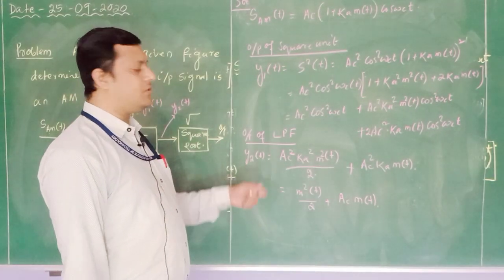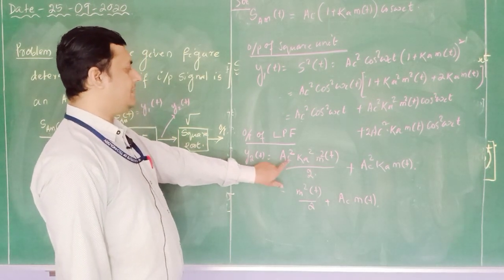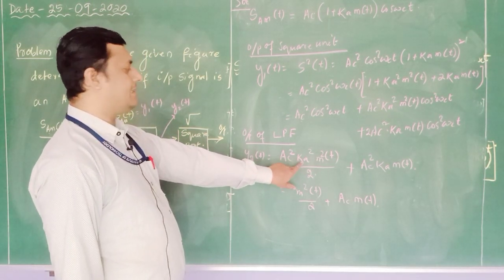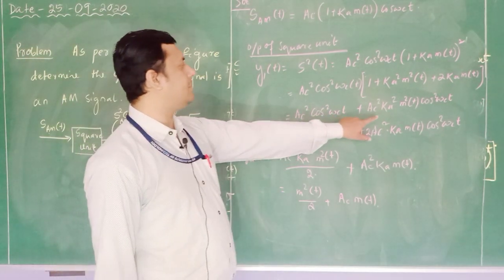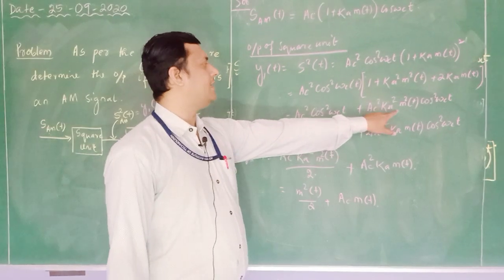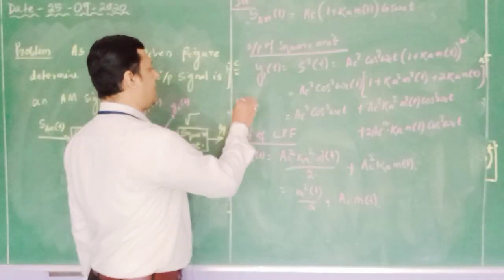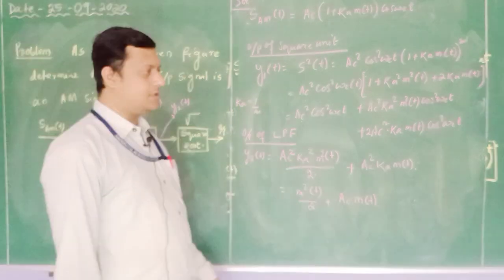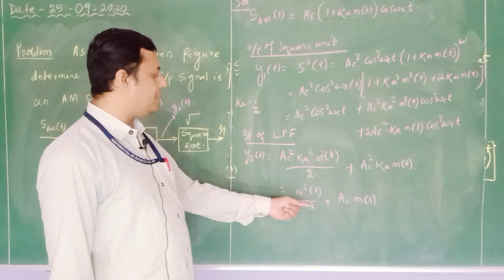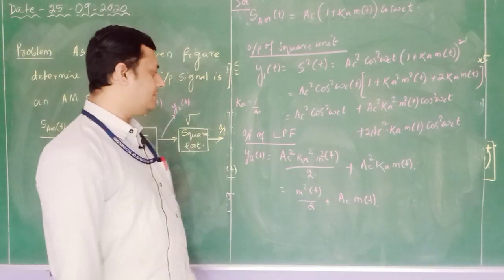In this output of the LPF, you can see Ac square and ka square are multiplied, and as we know ka is equal to 1 by Ac, I have cancelled. So the resultant is m square of t by 2, and then Ac into m of t.